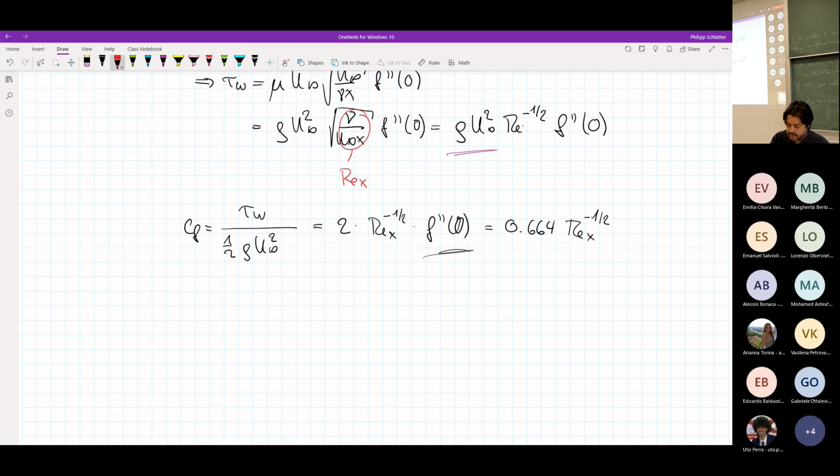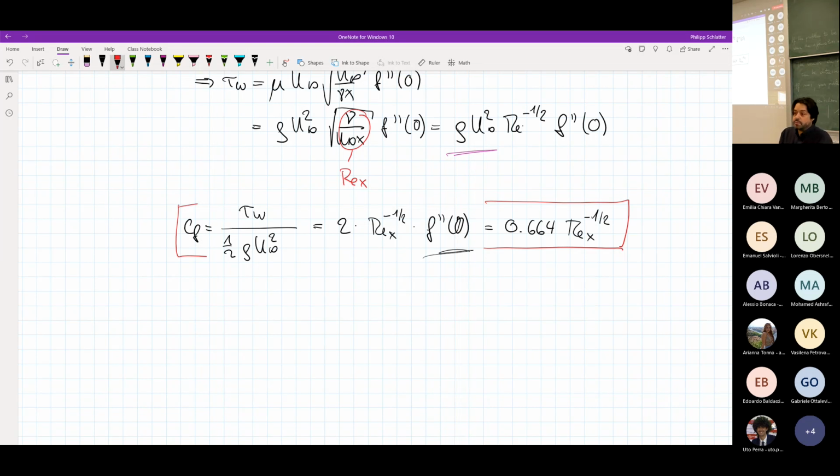So this, of course, is a very strong result, because it tells me that at any point in my boundary layer, my local CF is 0.664 times Reynolds x to the minus 1/2. And we have derived that just based on the boundary layer equations. We did the Blasius solution, then we did the evaluation of the gradient, and now we have this result.